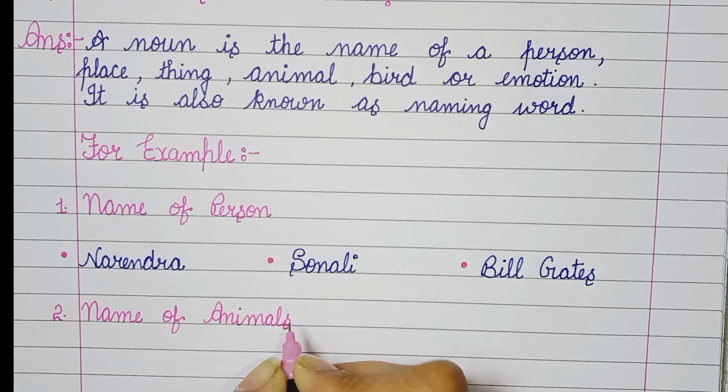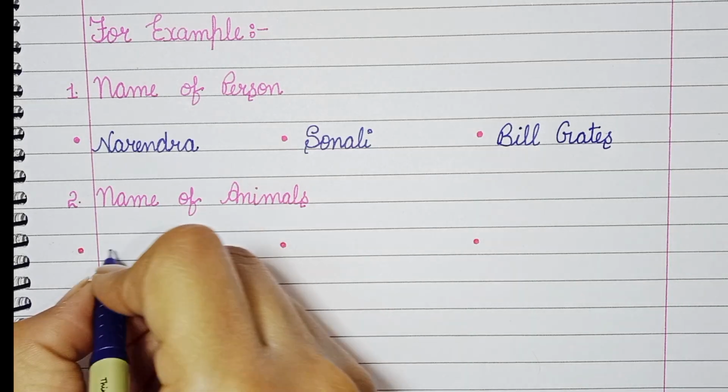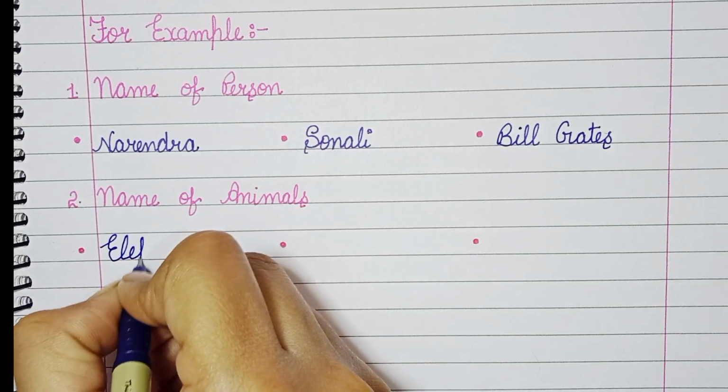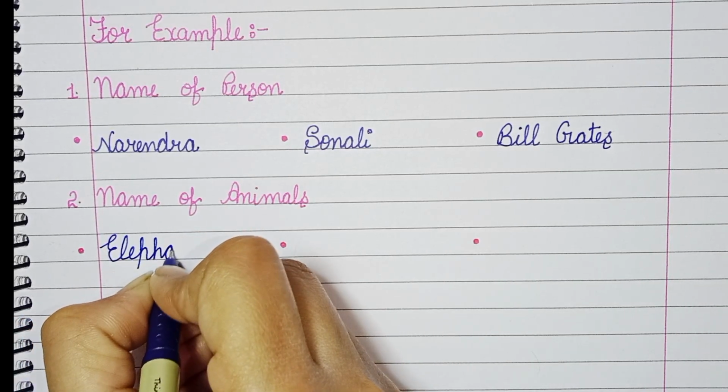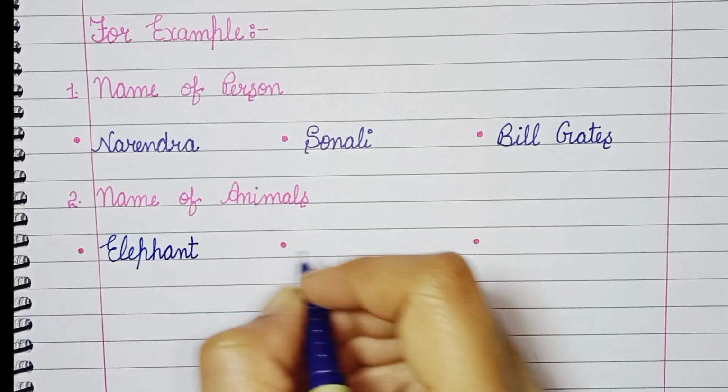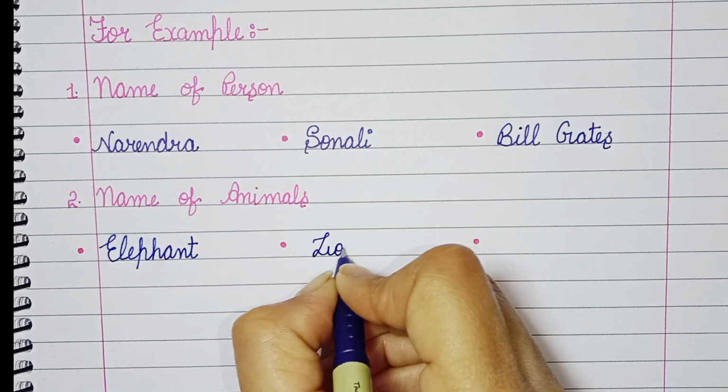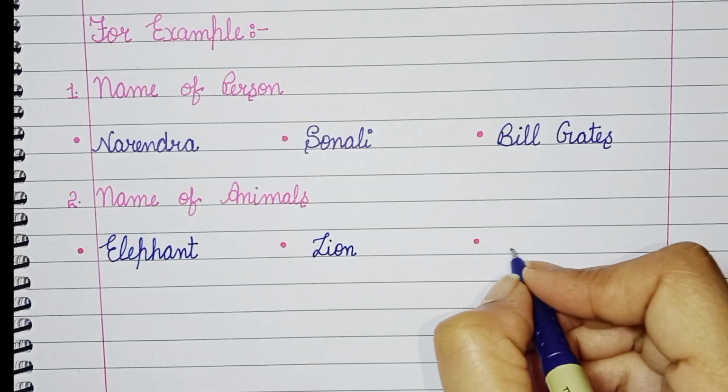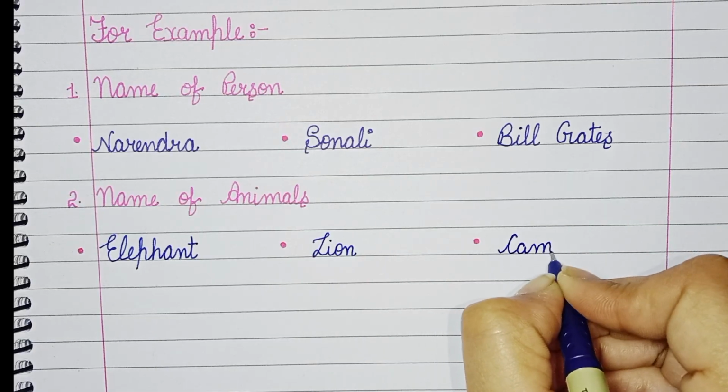Second one, name of animals. Elephant, lion, camel.